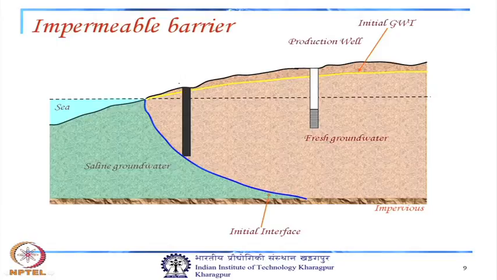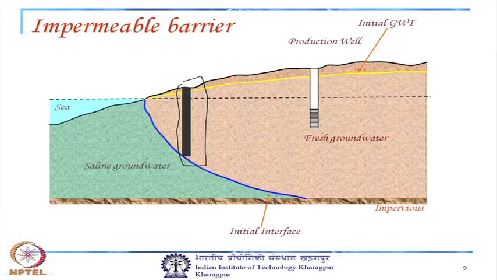Next one is the impermeable barrier. Impermeable barrier is basically made by injecting bentonite slurry or some kind of material, so that the pores are filled with that material and the hydraulic conductivity will be reduced drastically.